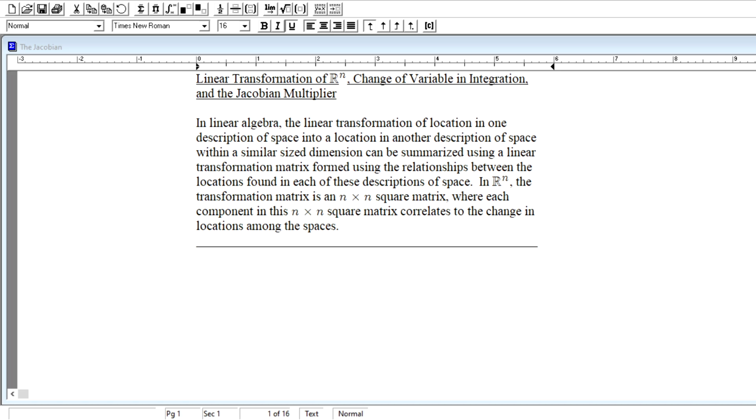That linear transformation matrix is going to be formed using the relationships between the locations found in each of these descriptions of space, where if we're talking about n-dimensional space, this linear transformation matrix is going to be an n by n square matrix, where each component correlates to the change in the locations among these spaces.